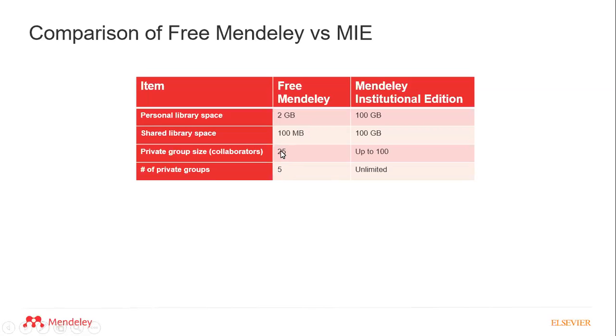But an institutional edition user has an unlimited number of private groups, and you can have up to 100 collaborators within your private group.